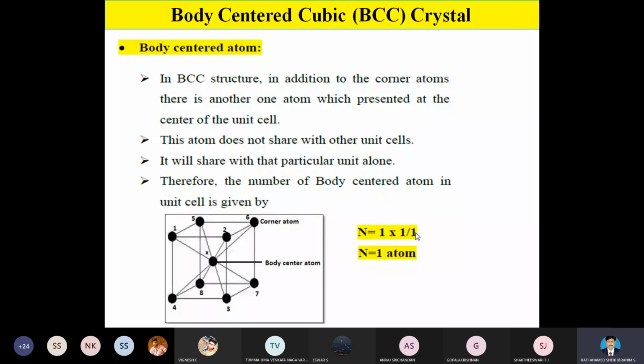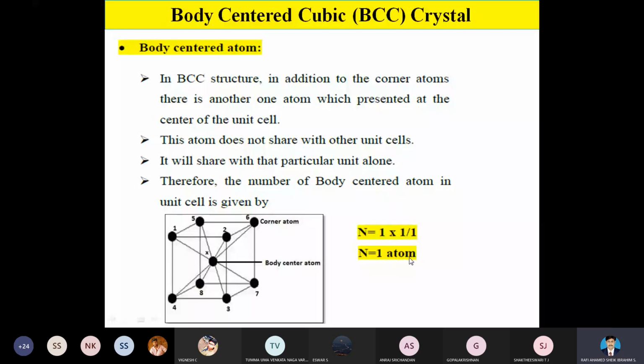If we consider one atom from a unit cell, that particular atom would contribute to the other unit cells as well. But here the body atom is not going to be shared with the other unit cells; it belongs to its own unit cell. That's why we write N is equal to 1 into 1 by 1. Then we get N is equal to 1 atom.